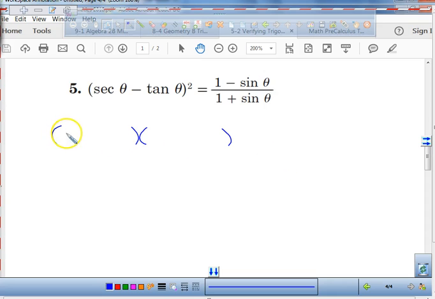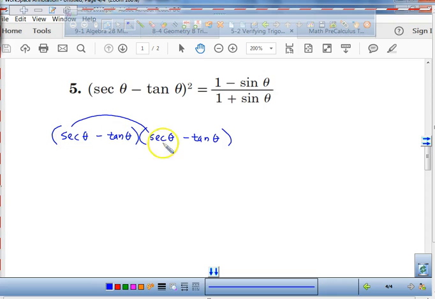Here we go. We're going to start with the secant of theta minus the tangent of theta, and we're going to multiply it to the secant of theta minus the tangent of theta. Because it tells us we're going to be squaring it, which means you're multiplying it to itself. So we're going to go ahead and do the FOIL method. This part's not going to take that long.